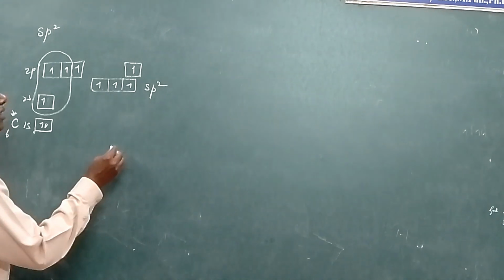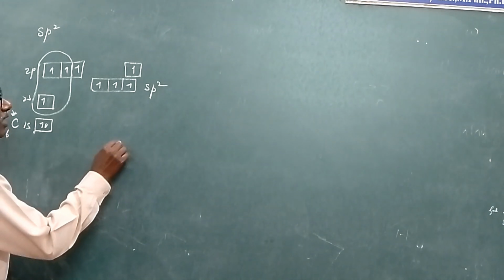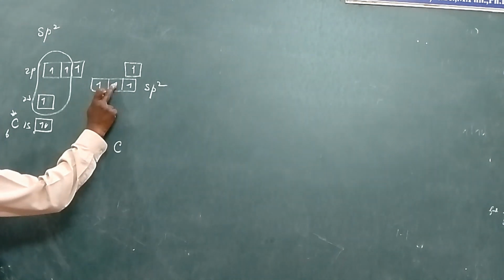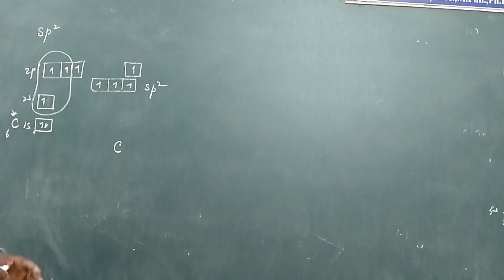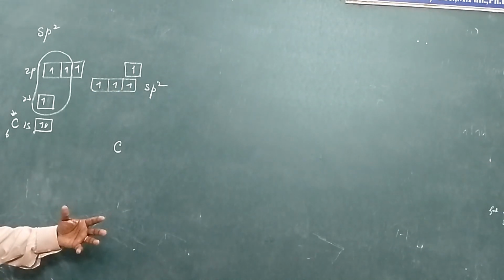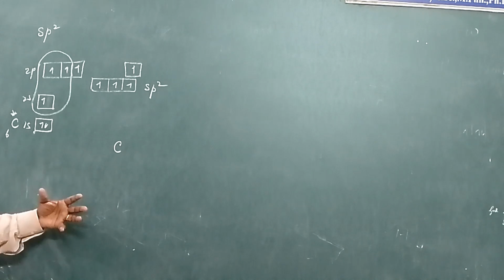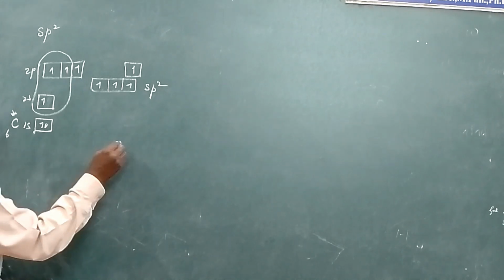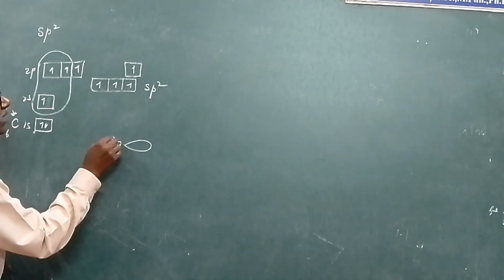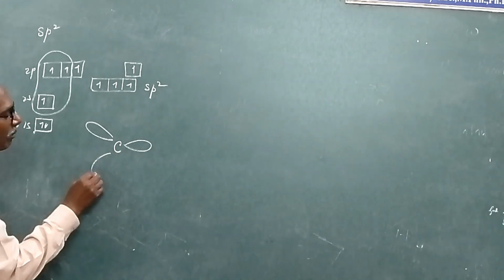With this distribution, it is going to combine with hydrogen, and you can understand this combination like this. See, in carbon, the 3 hybridized orbitals try to be as far separated from each other as they can, to minimize the repulsion. So they take a 120-degree angle among them.